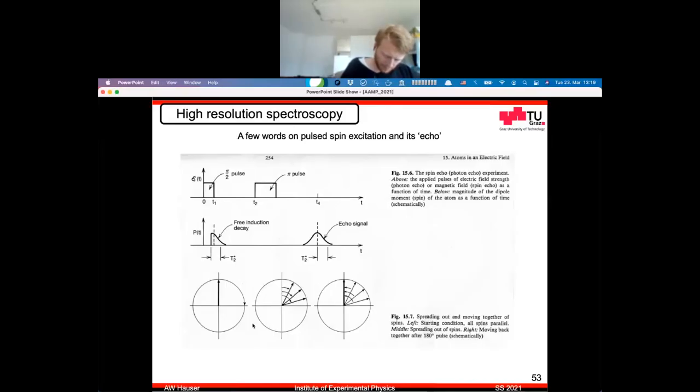We have the spins precessing along the z-axis. The only component of the magnetization that is constant over time is the z component. Now comes the pi pulse. I'm flipping them, and now I will get the signal coupled into my coil along the y-axis. But what happens is I have this dephasing process going on.